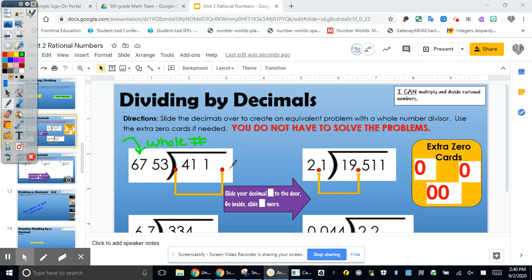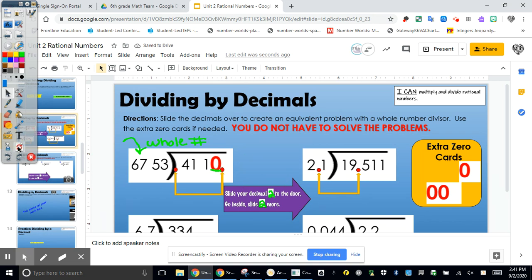And we had to move our decimal on the inside as well. Remember, if we moved it twice to the door, we have to go inside and slide 2 more. So since there's an extra space here, we need to be sure that we add a 0 behind it. Okay?